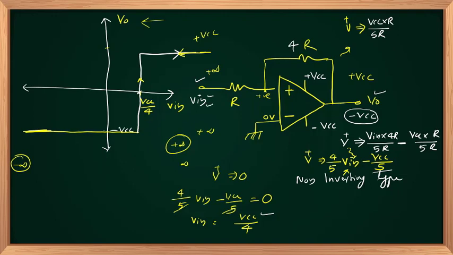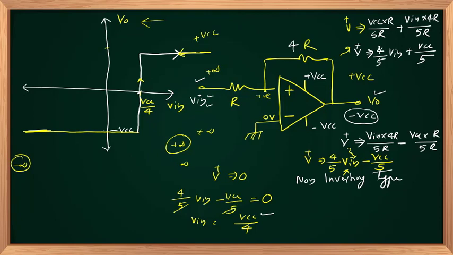And you have V in here, V in divides between 4R and 5R, so V in multiplied by 4R by 5R. So that will give you a positive V plus, of course, because output is positive. Input I am moving from plus infinity to minus infinity. Right? So this will become 4 by 5 V in plus VCC upon 5.